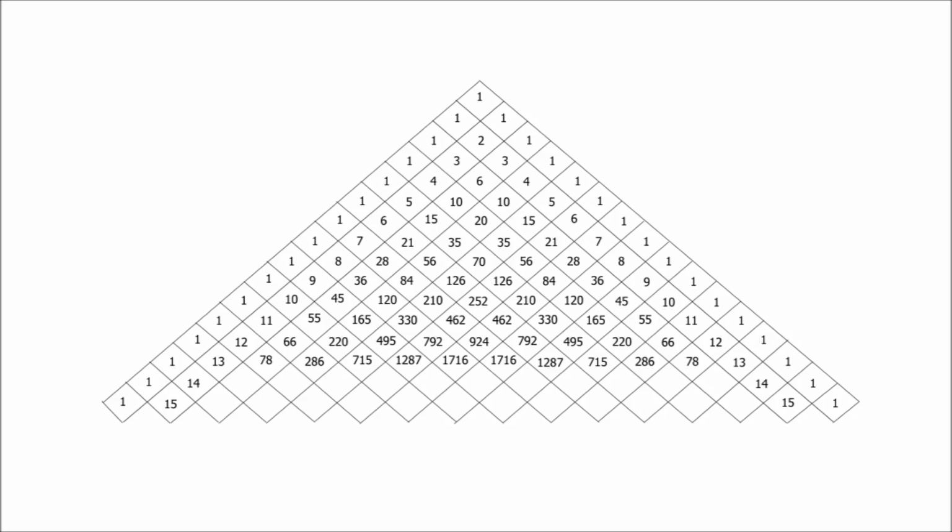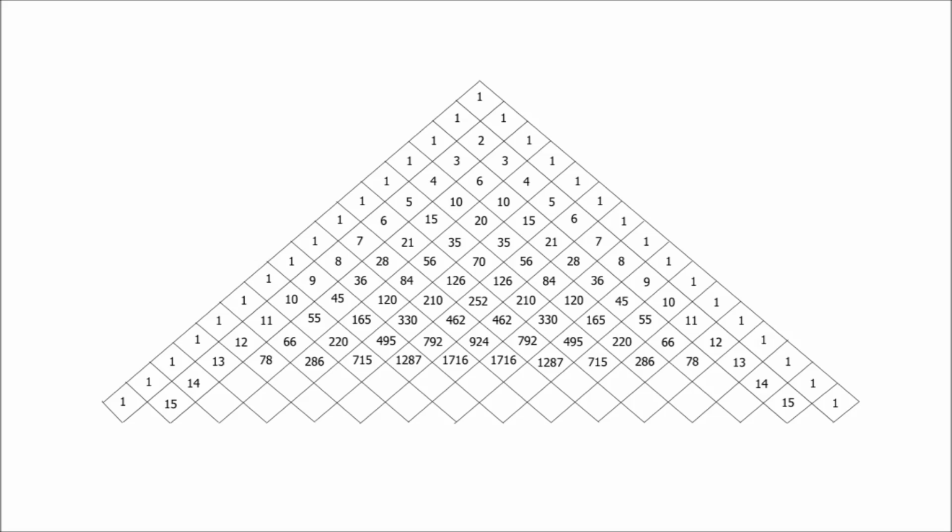And do the same sort of thing for 495 plus 792. So 495 is 5 away from 500. So if we take 5 away from 792, we'll get 787. So we're adding 500 and 787, which will be 1287.